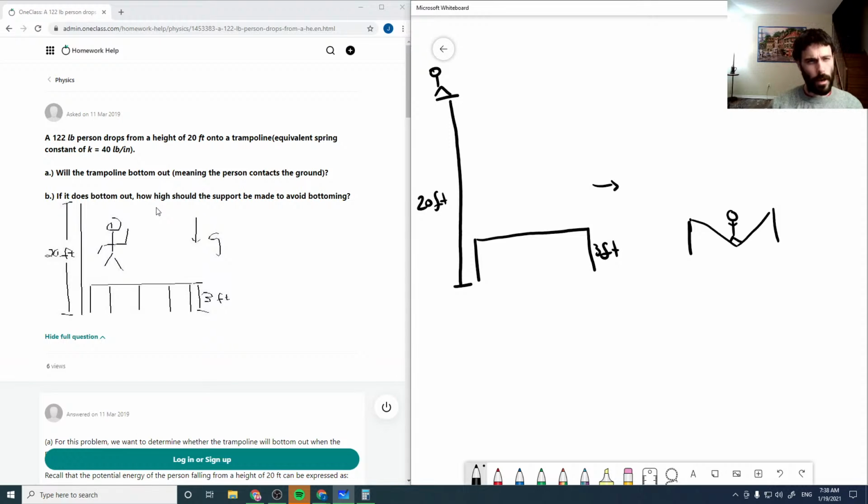Okay, it gives us the spring constant for the trampoline, and so I'm going to call this delta x, which is equal to 3 feet minus my height.